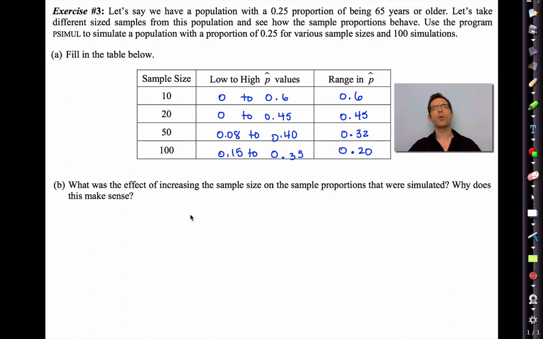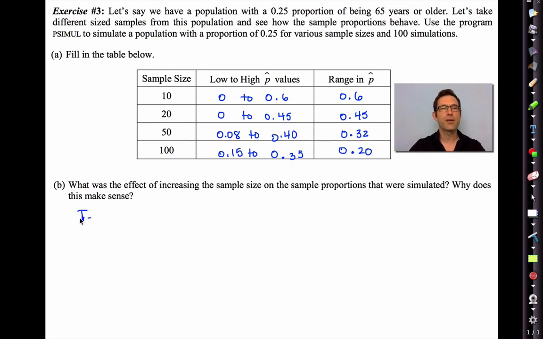So letter B says, what was the effect of increasing the sample size on the sample proportions that were simulated? Why does this make sense? Well, what would you write down? All right.